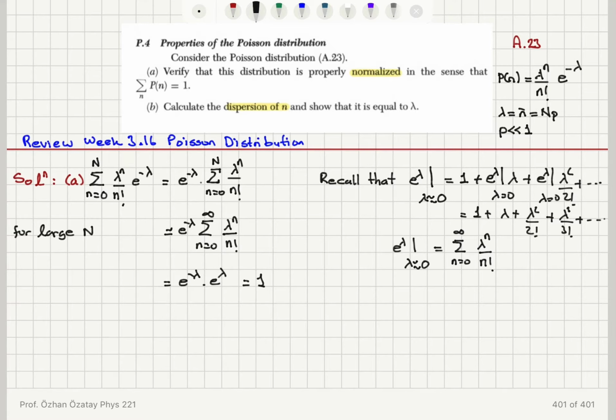So indeed we find that sum over n p_n is equal to 1. So that answers part A.